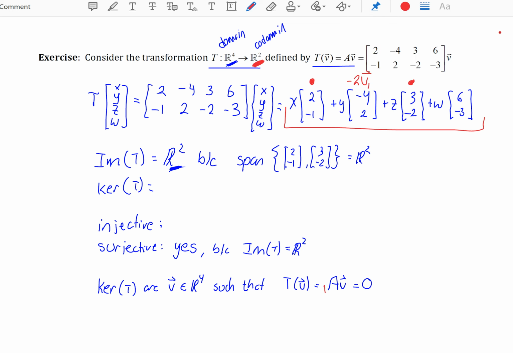And written this way, again, we're looking for our homogeneous solutions. We're looking for the things that will give 0 back, all the things that get mapped to 0. These are the homogeneous solutions of this system of equations.